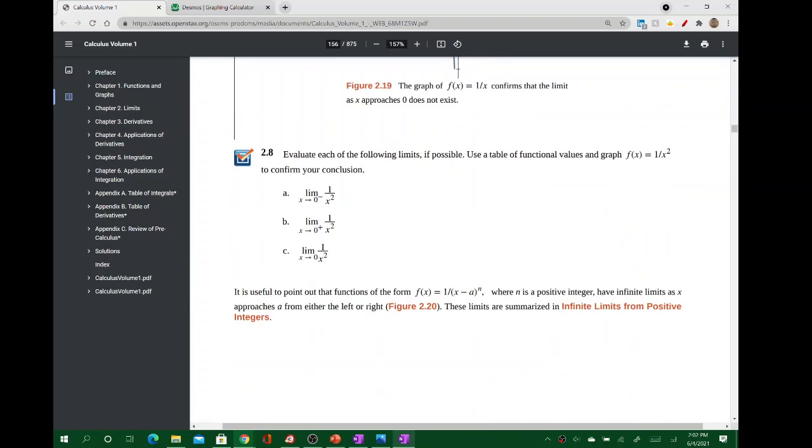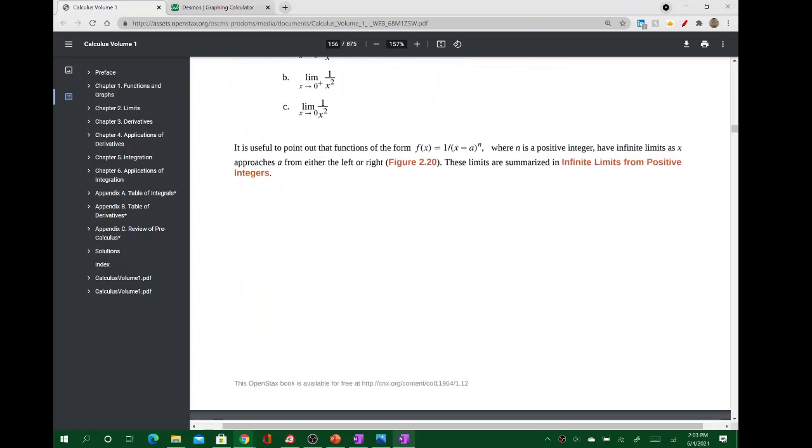You can do that also for infinite limits, right? So like the limit as x approaches 0 of f of x being a function where you would have 1 over 0, right?